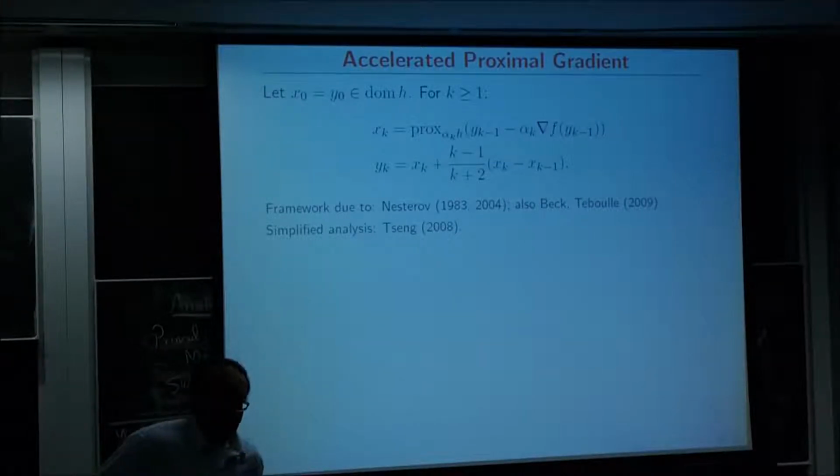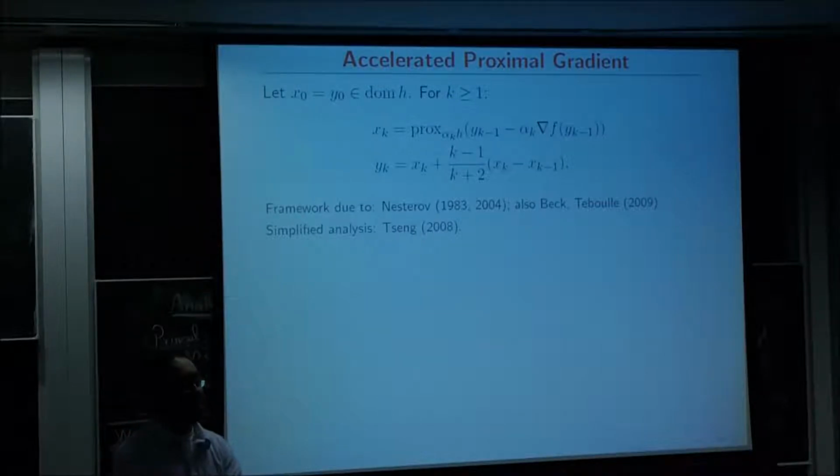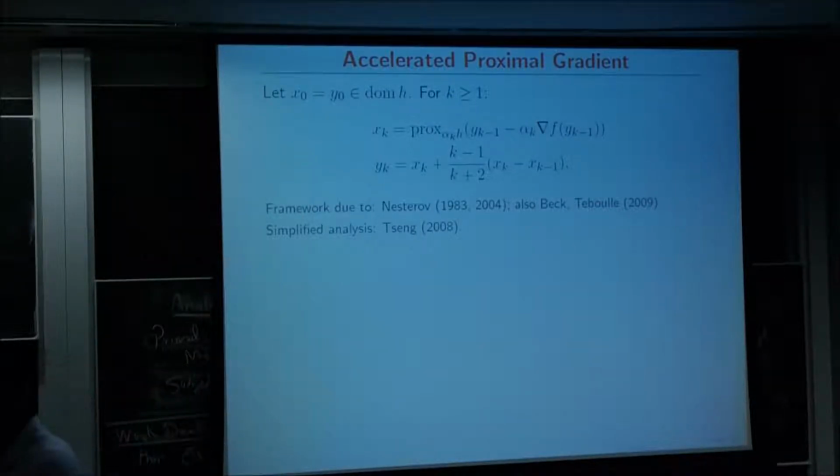Paul Tseng gave, to my judgment, amongst the cleanest analyses of these methods. And if you ask Yuri Nesterov, he himself says that he doesn't have a geometric explanation for why he came up with that. It is derived in some sense by reverse engineering and brute force algebra. Maybe one of you finds some geometrical explanation. I don't have a geometric understanding of that thing, but neither does Yuri.